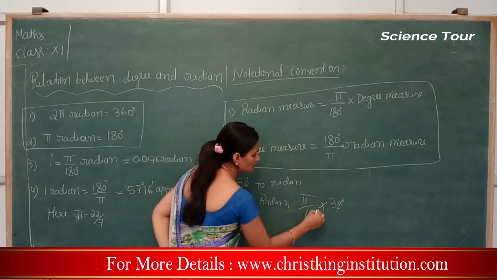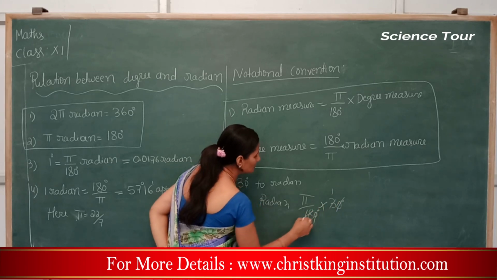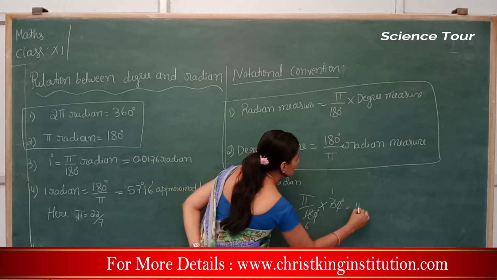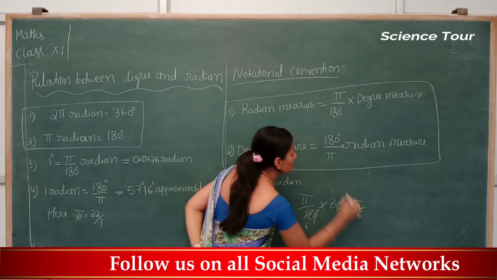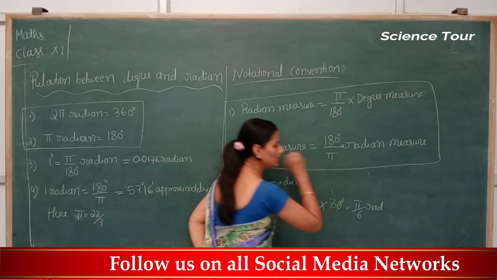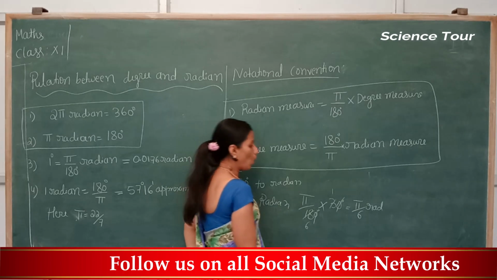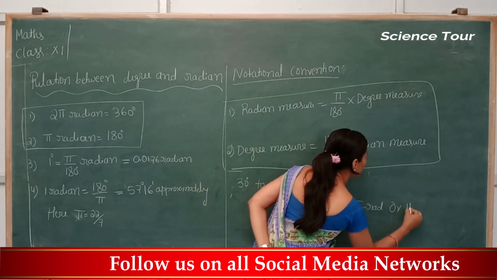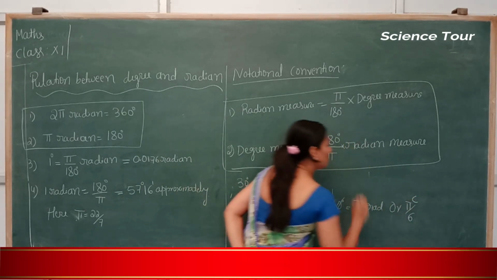Simplification: 0 and 0 cancel, 3 ones are 3, 3 sixes are 18. So what is your answer? It is pi by 6 radian. Instead of radian, you can write rad, or mark it as pi divided by 6 power c.